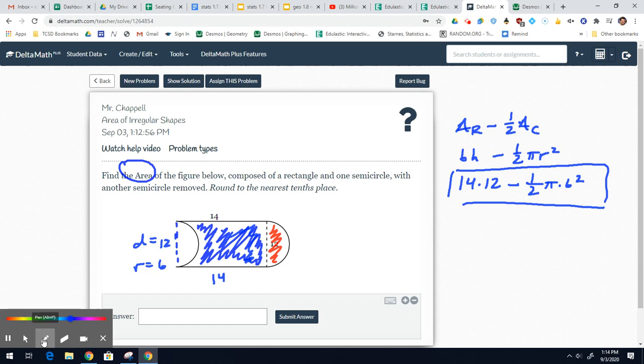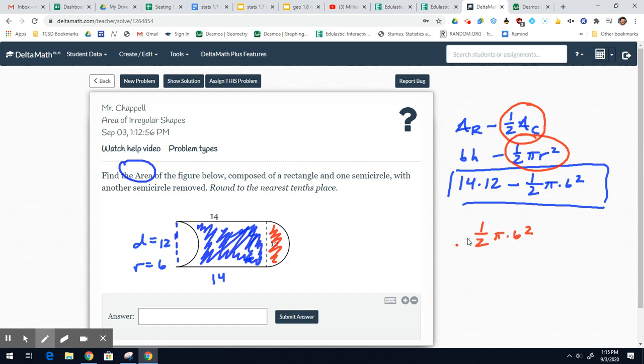Now, what about the red area? Well, the red area is just the area of the semicircle. We did that right here. Half the area of the circle, half pi r squared, half pi times 6 squared. So now notice, you are subtracting a semicircle here, but you're adding a semicircle here.